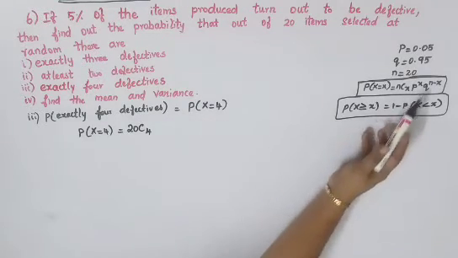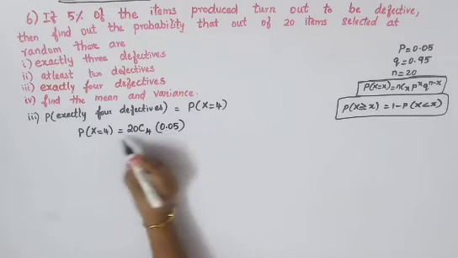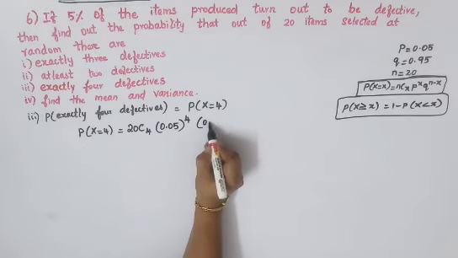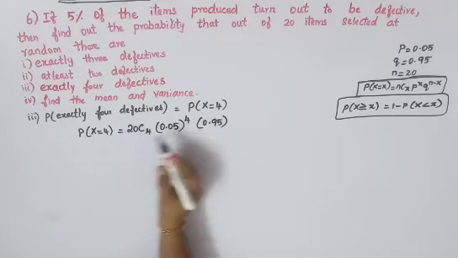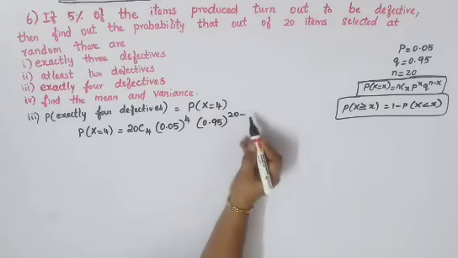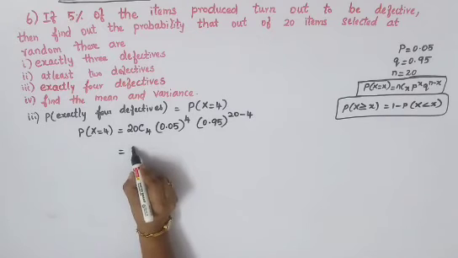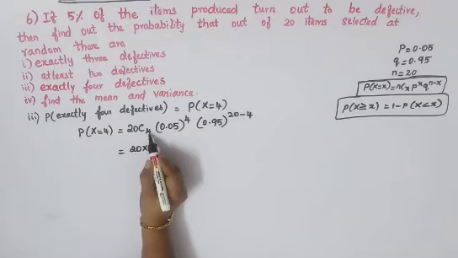p power x. Okay, so p is 0.05, power x is your 4, into q is 0.95, power n minus x. Okay, so n is 20 minus x is 4. So which is equal to 20C4, 20 into 19, up to 4 digits you'll have to go down.